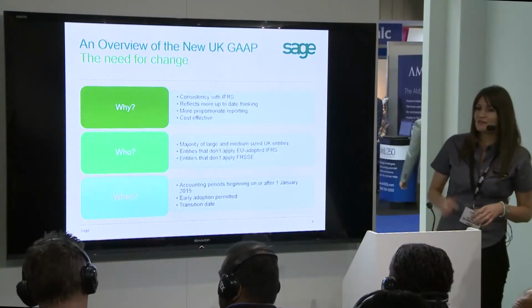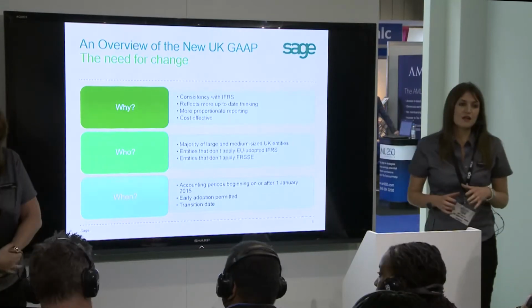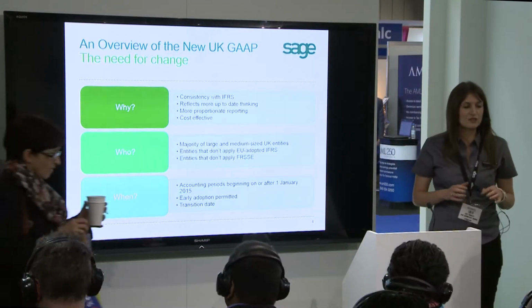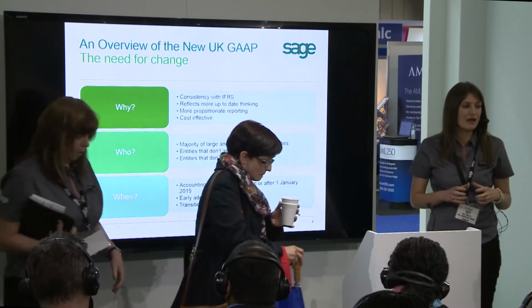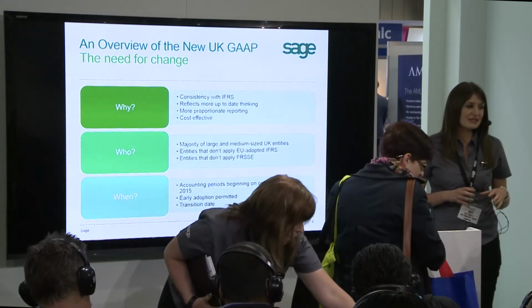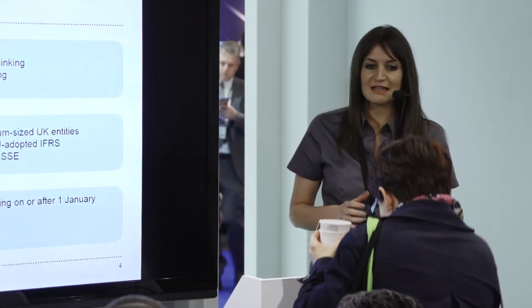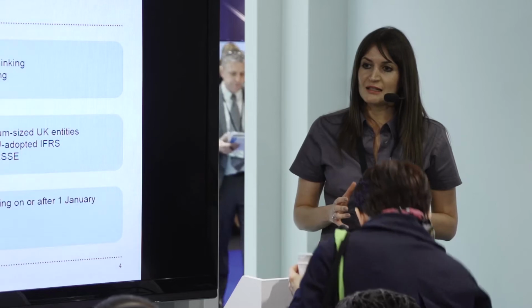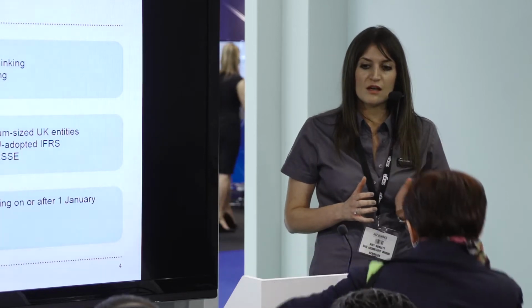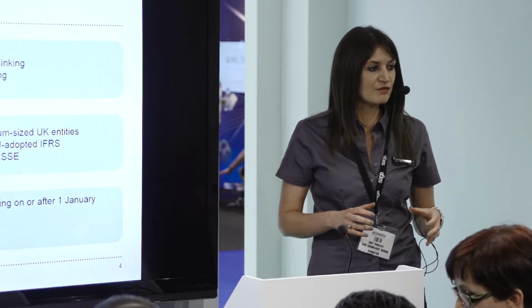So why have accounting standards changed? Previous accounting standards were quite inconsistent. It was quite a random mix of financial reporting standards, IFRS-based standards. So the idea was really to bring it all in line and have a single and consistent accounting framework that's in line with IFRS.